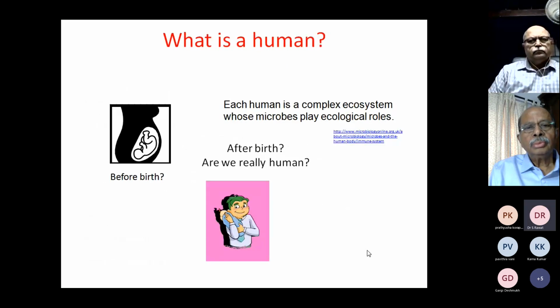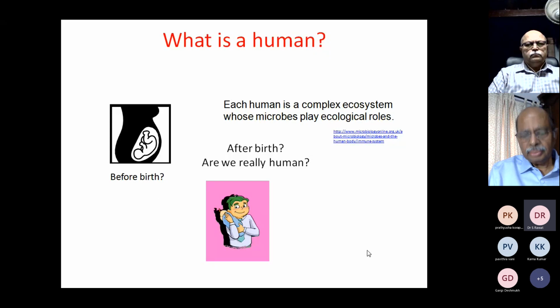So this is very interesting: what we think of as a human, we usually think of only the human cells, but each human is a complex ecosystem in which the microbiomes also play various ecological roles. If we talk of a pure human, probably we were purely human when we were in the womb, before we were born. As soon as we are born, we interact with the environment, and various commensal organisms and environmental bacteria start interacting with us.